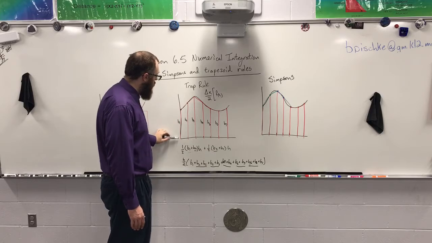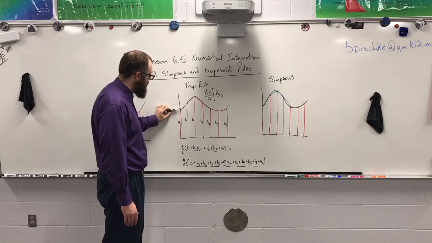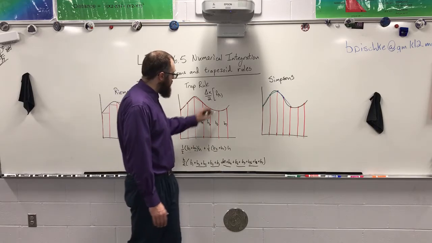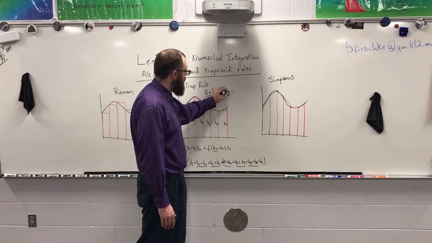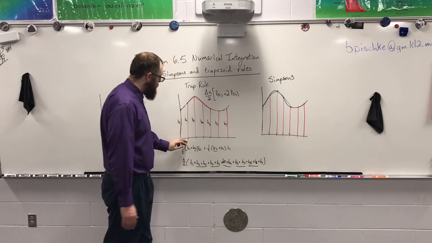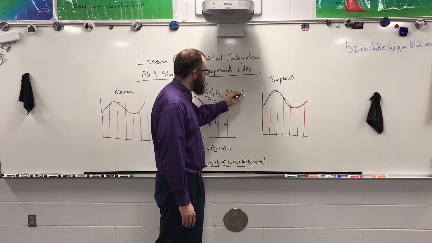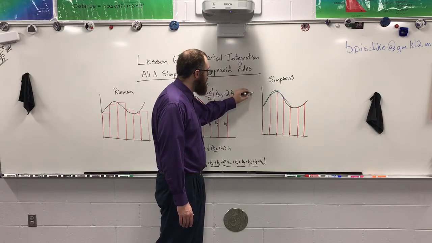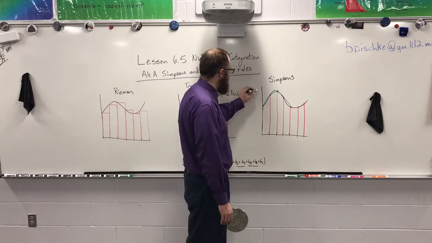In other words, it's the y value when we plug in this x value, whatever that x value is, plus, I have 2 base 2s, so I'm going to write it that way, 2 times f(x2), which is the y value at this second x value, plus 2 times f(x3), etc., all the way to our last base, which we're going to call f(xn).